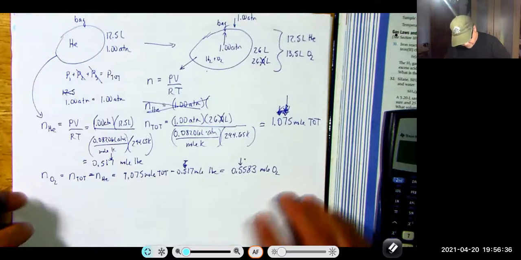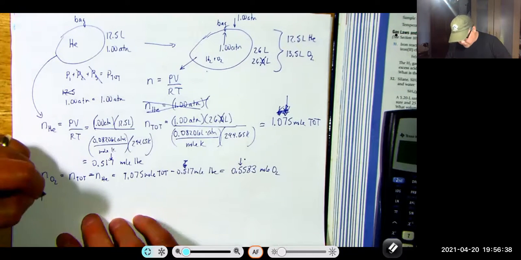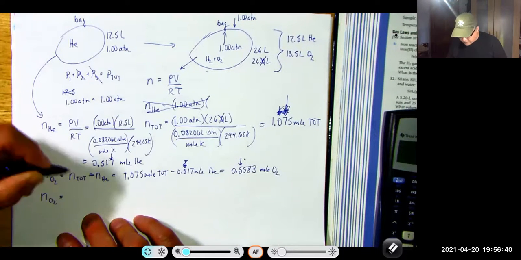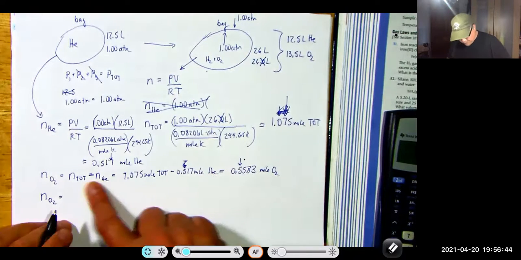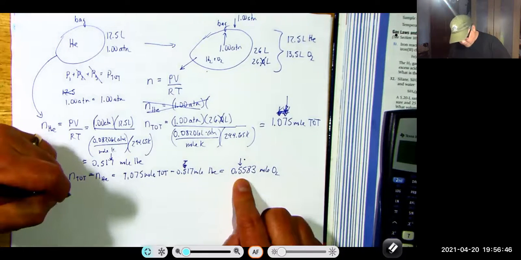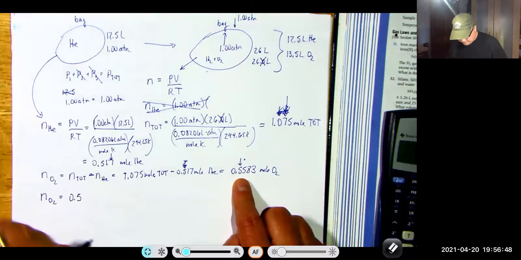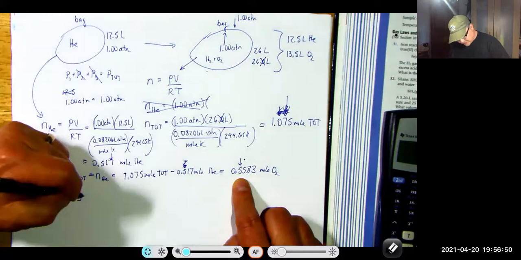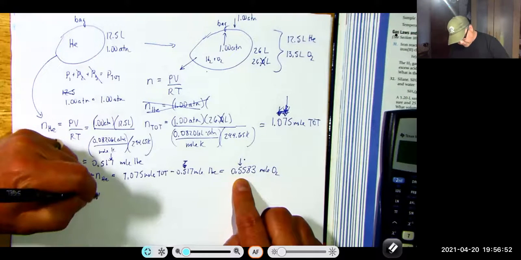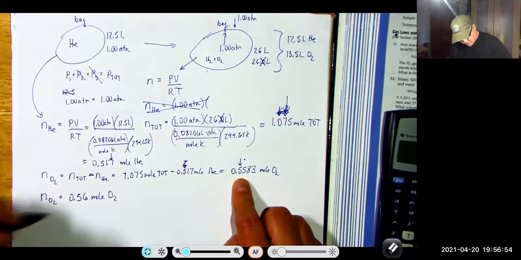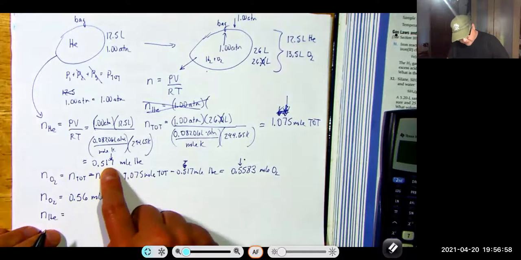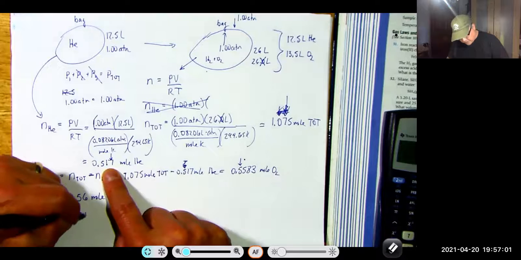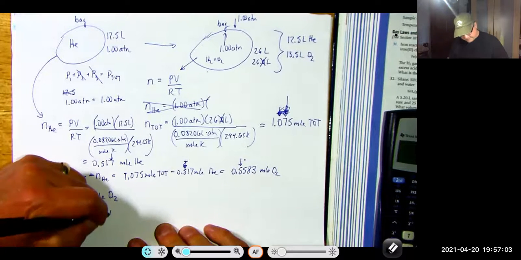Okay, so the moles of O2, if we round according to me using 26.0, we're going to get 0.56 mole of O2. For the moles of helium, we're going to round here and we get 0.517 moles of helium.